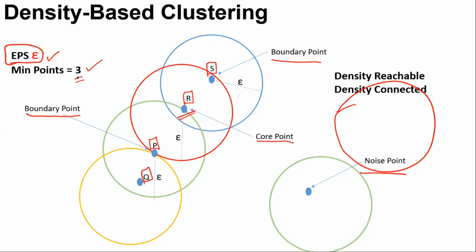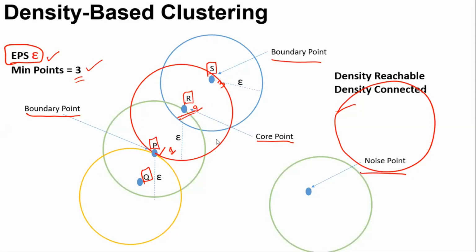What is the minimum points we have assumed? It is 3. So 1, 2, 3. If you take that red circle with the epsilon distance from the point R, we have 3 different points lying in this particular region.